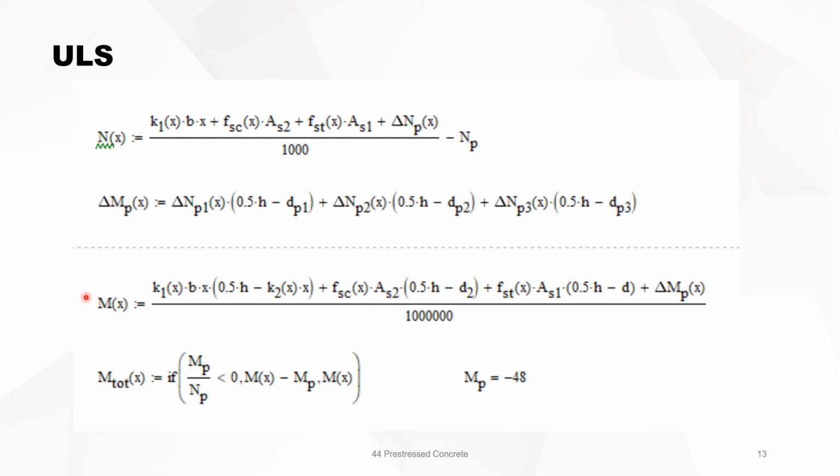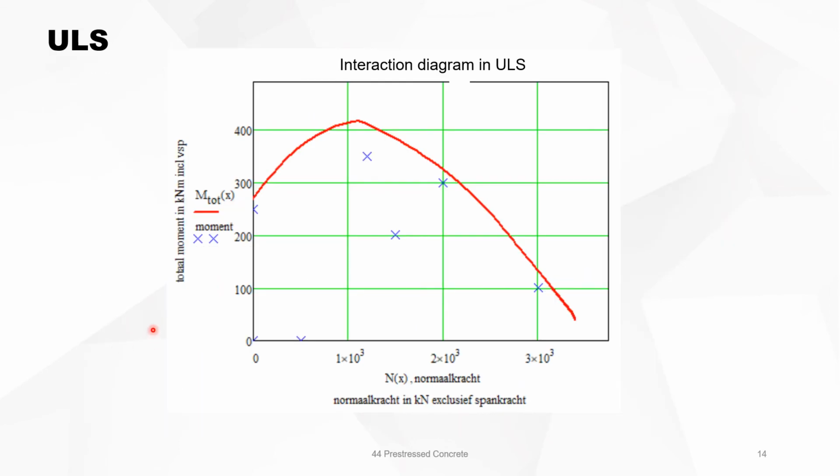And at the end, you will have your total bending moment and your total normal force in function of x. With all those formulas, you create an interaction diagram with the normal force on the x-axis and the bending moment on the y-axis. For each x, you plot the corresponding N and M. You have something like this.